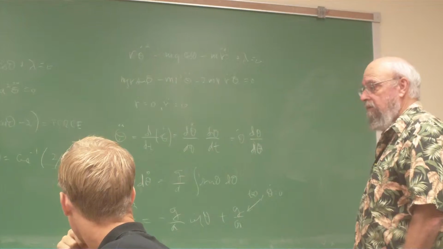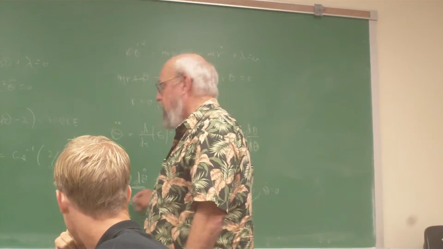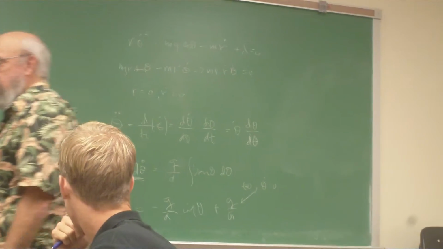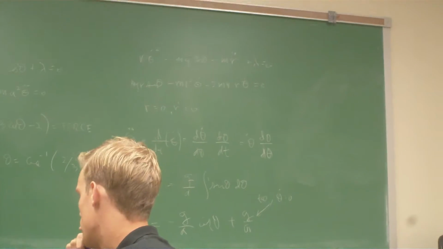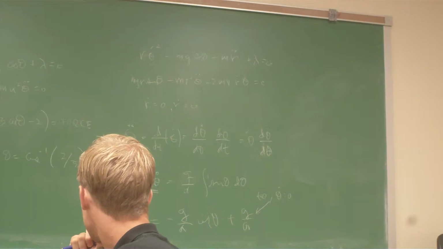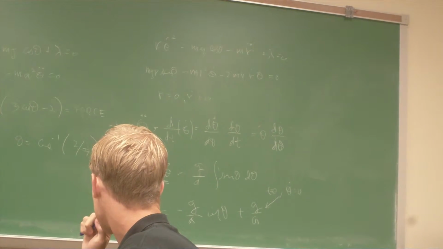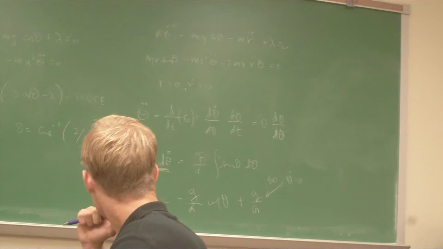Oh, I see what's happening. So the trick is to write it in this form with those treated as independent variables, so that then is a whole derivative, not a time derivative, a whole derivative of that time dependent quantity.